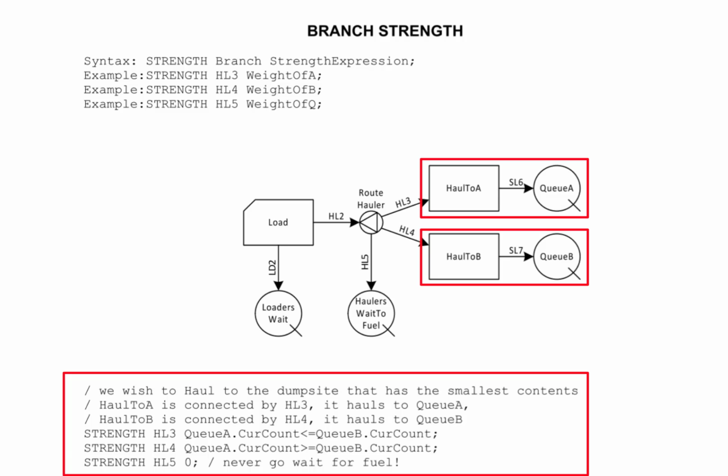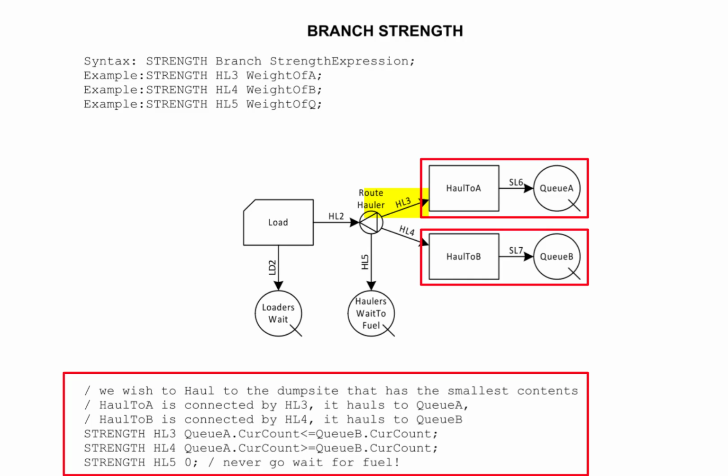In this case, for example, we could define the strength of HL3 to be the logical expression that compares the current count of QA to the current count of QB. If the current count of QA is less than or equal to the current count of QB, the result will be 1.